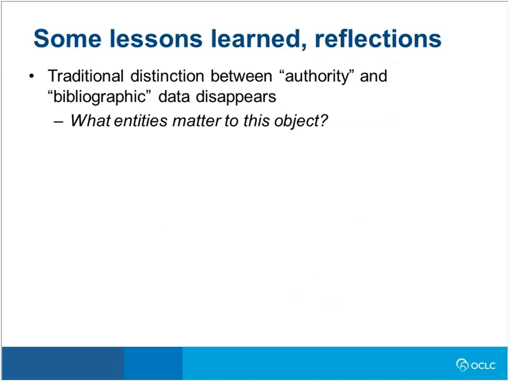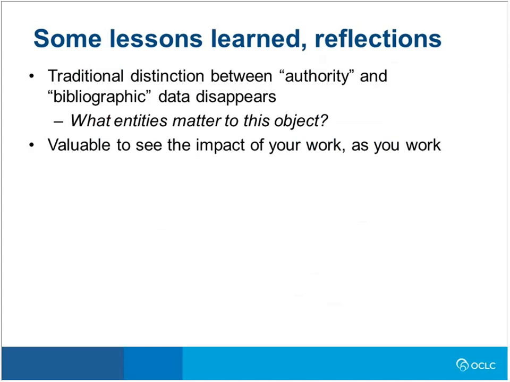So, in some of the lessons we learned from the use cases in Project Passage, and particularly those relevant to the two we discussed here, it blurs the line between the traditional distinctions between authority and bibliographic data. Instead, our thinking turns into what entities matter for this particular object.